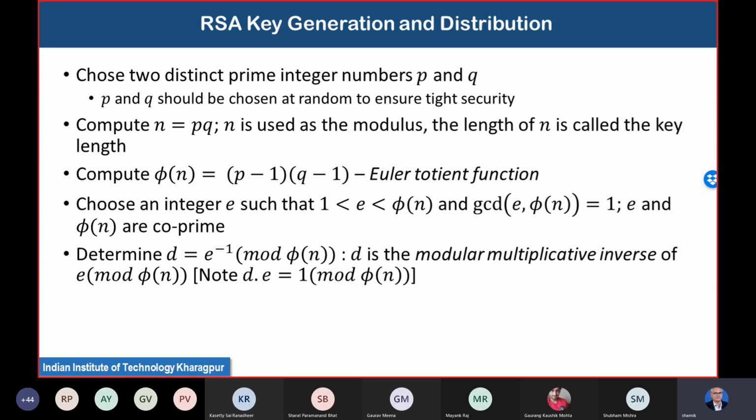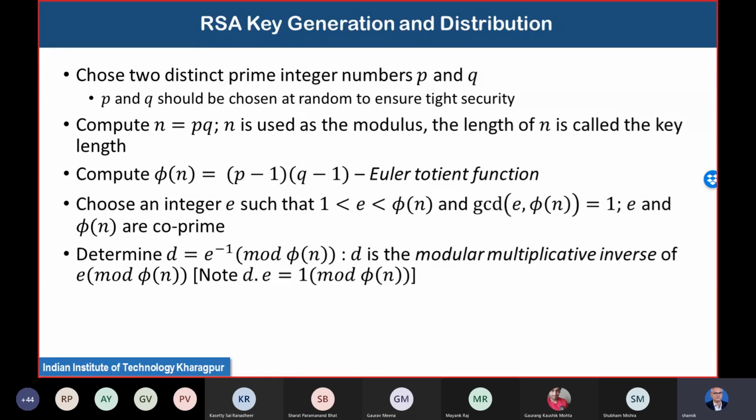Note d times e is congruent to 1 mod phi n. It is very simple to understand: e is first chosen, and then we determine d such that d times e is congruent to 1 modulo phi n.